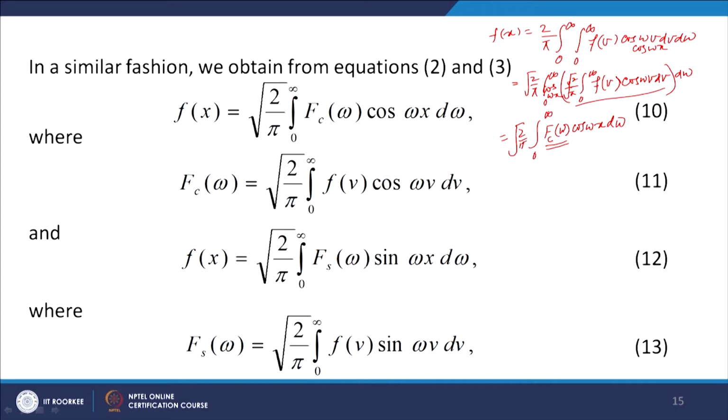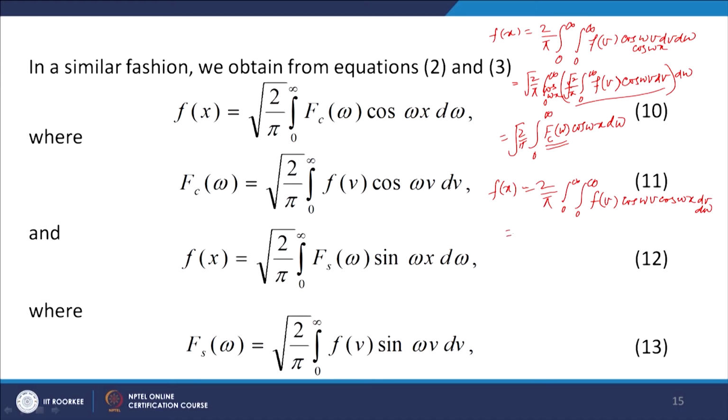Similarly, for the Fourier sine integral we have f(x) equal to 2 over pi, integral 0 to infinity, of integral 0 to infinity f(b) sin omega b db times sin omega x, d omega.